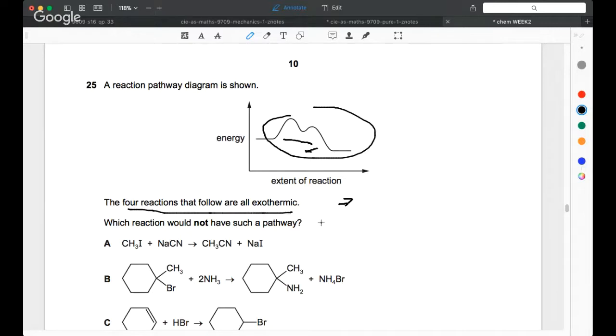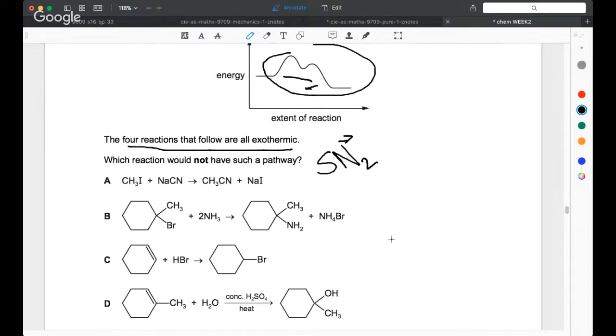Which means it is SN1 or SN2. SN1, because SN1 has two steps, right? So now you know what this graph means. Now you need to work out which one is SN1 and which one is SN2.